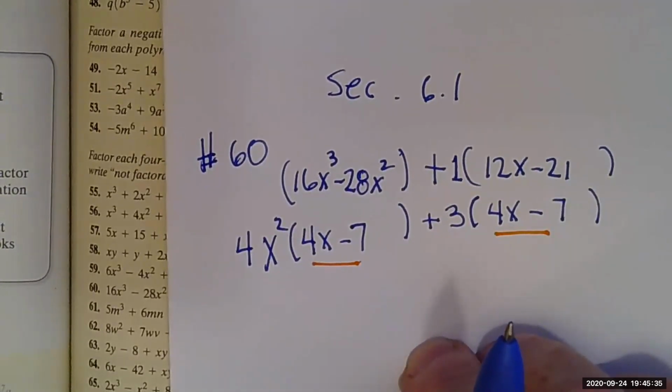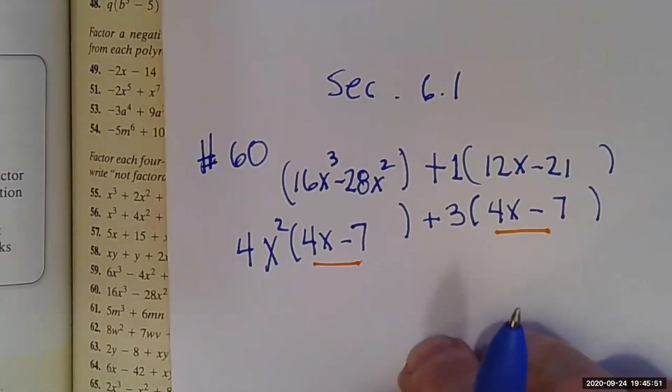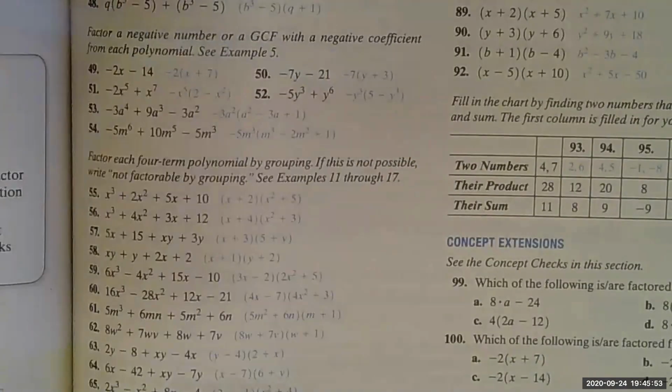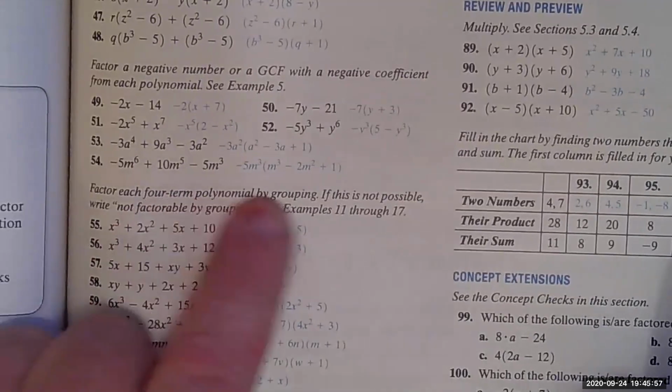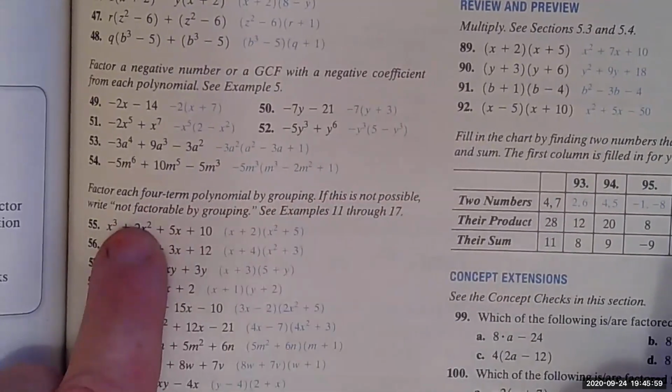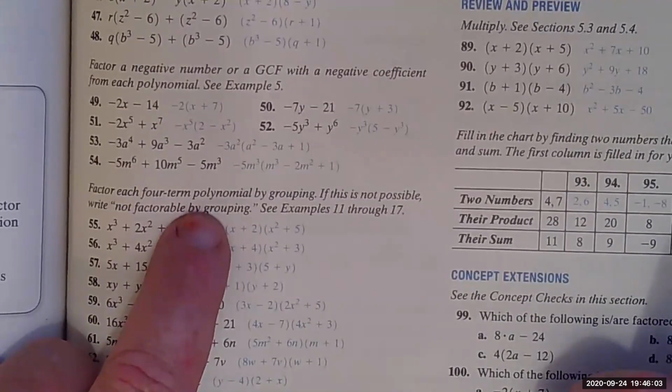So the difference between, like, problem 60 is that you're factoring out, right? Versus the section 25 to 48 right there. The same section? Yeah, 6.1. Oh, okay. So this says factor each 4-term polynomial by grouping. If it's not possible, say not factorable by grouping or prime. Right. That's why I was confusing myself.